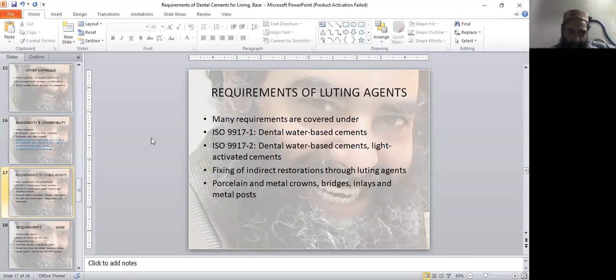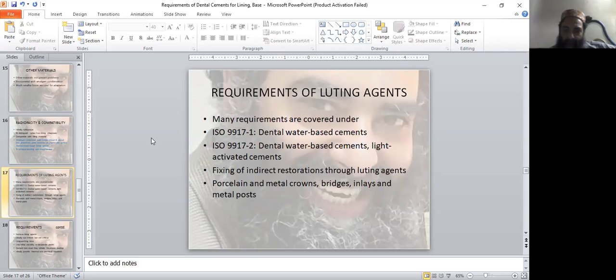Now requirements of luting agent. Many requirements are there in ISO 9917-1 dental water based cement and ISO 9917-2 dental water based cement light activated cement. Both are water based cement, but type 2 is light activated cements.